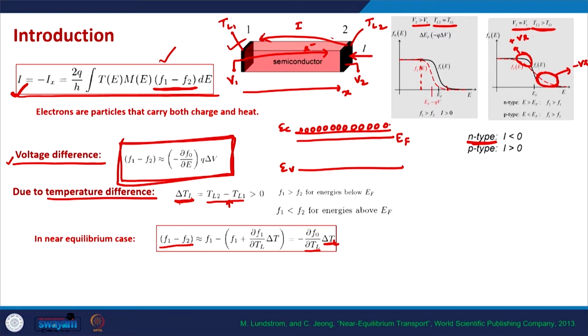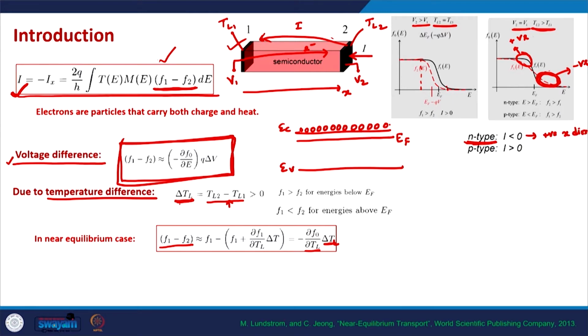If there is a temperature difference between the two contacts in an n-type material, we need to focus here, because in this regime current conduction happens, and in this regime F1 minus F2 is negative. So there will be a negative current, which means electrons will flow from contact 2 to contact 1 and current will flow from contact 1 to contact 2, or there will be a current in the positive x direction.